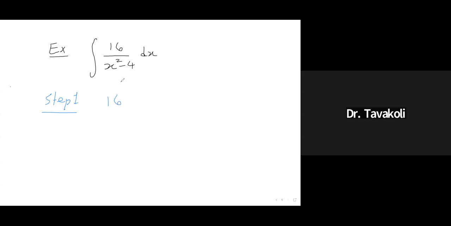First of all, remember that x squared minus 4 is factored as x minus 2 times x plus 2. From basic algebra, we know that a squared minus b squared is a minus b times a plus b. So if I want to write this as the sum of two fractions, the denominator of one of them is x minus 2 and the other one is x plus 2. It remains to determine what a and b are.